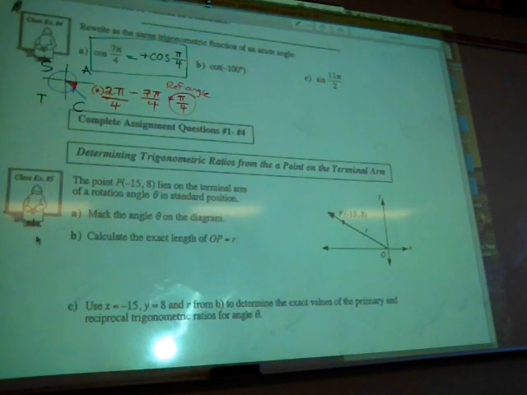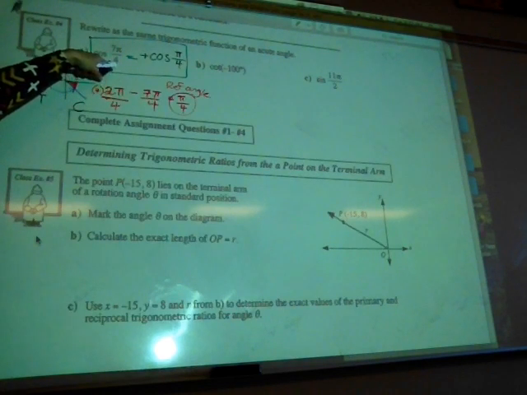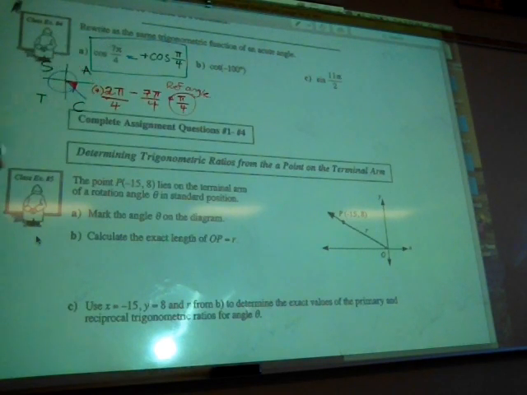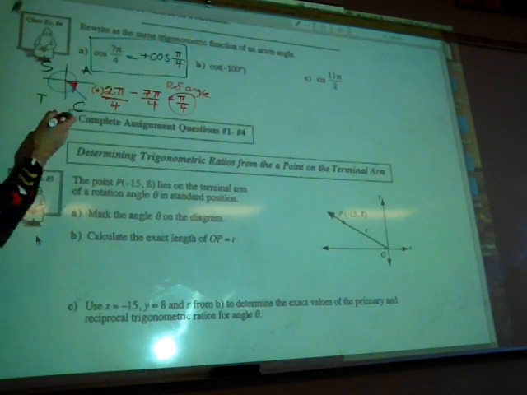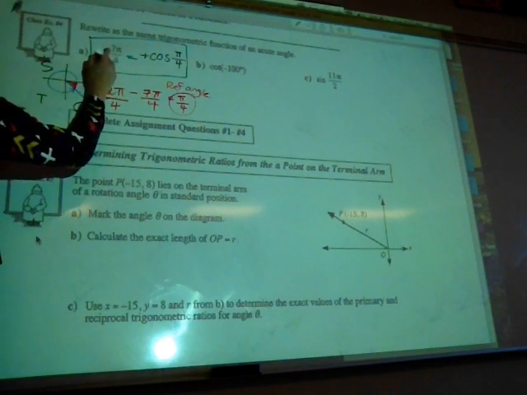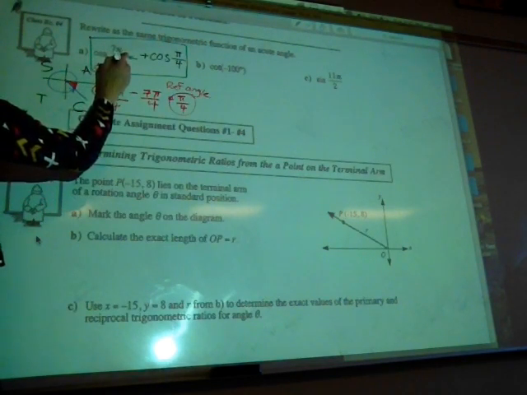And if you're unsure if you got it right, all you have to do is plug this in. So what is cosine 7 pi over 4 as a decimal? What mode are you in? Radian. Radian, good. What's your decimal? 0.7071.